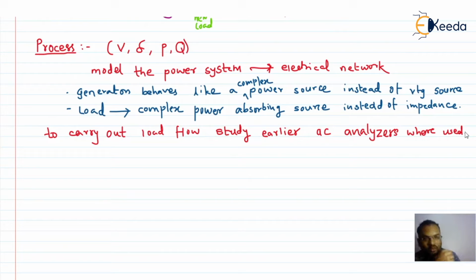But the problem with the AC analyzer was that if I use it to carry out a load flow study of a system having somewhere around 14 to 15 buses, it becomes very difficult for the AC analyzer. It takes very much time.